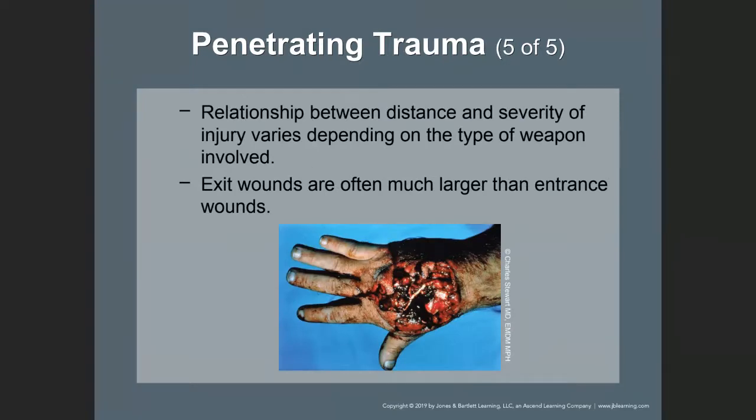The relationship between distance and severity of injury varies depending on the type of weapon involved. Exit wounds are often much larger than entrance wounds, and bullets can enter, hit bones, and be redirected or ricochet to somewhere else in the body.